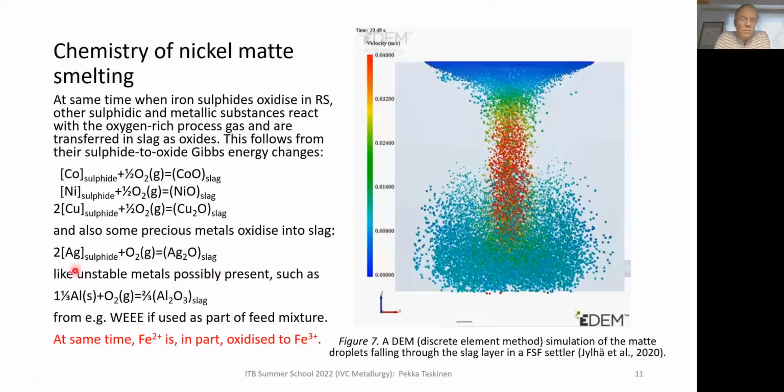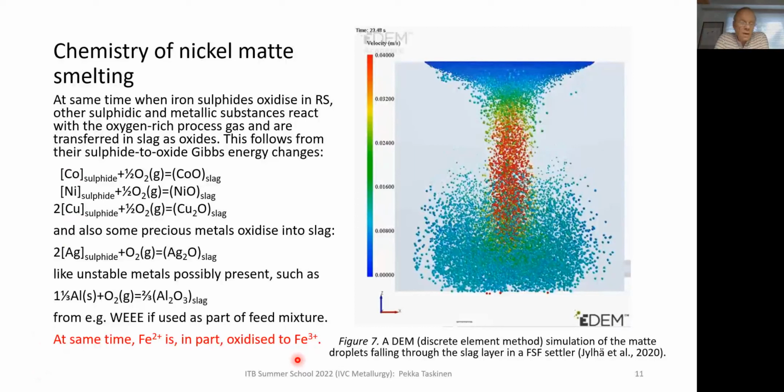So when these valuable metals are dissolving in the slag, we also see a similar kind of oxidation of iron, from divalent iron 2+ into trivalent iron 3+ oxide in the slag.